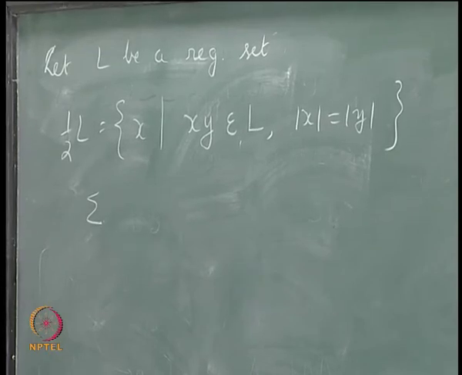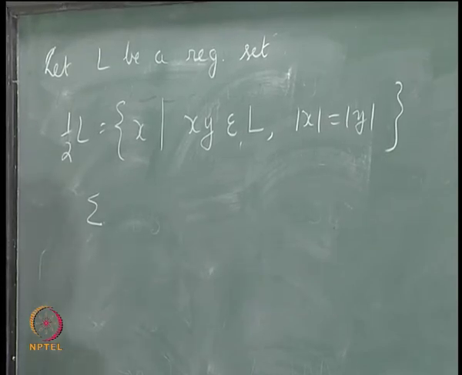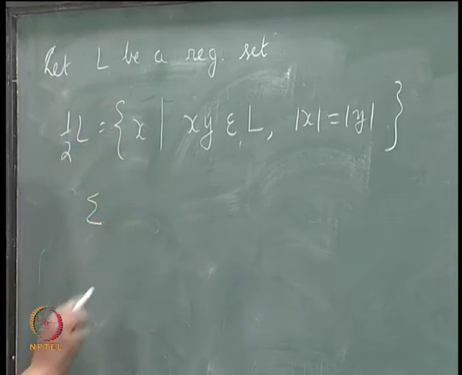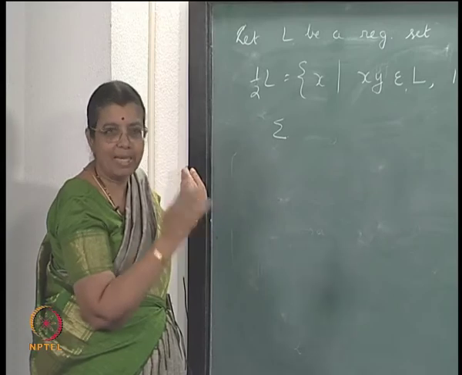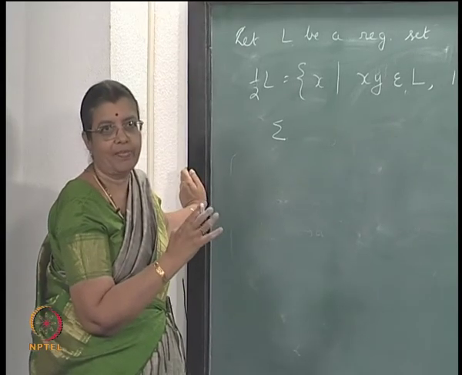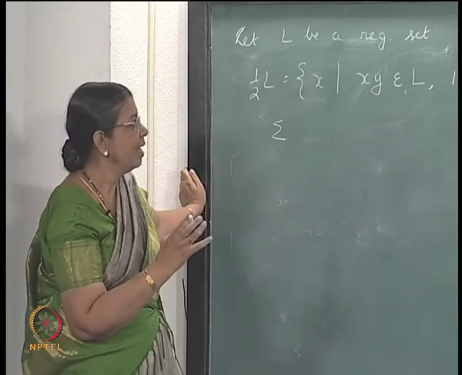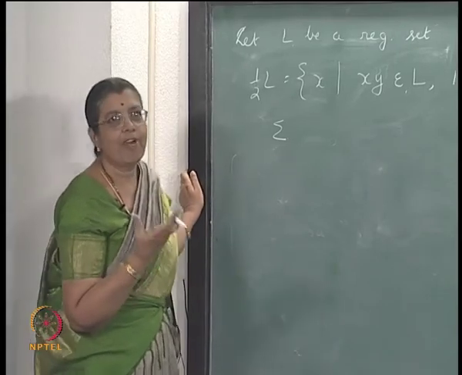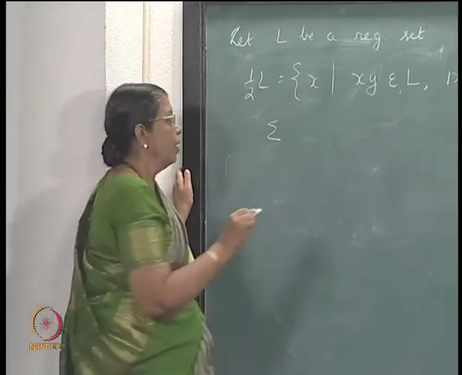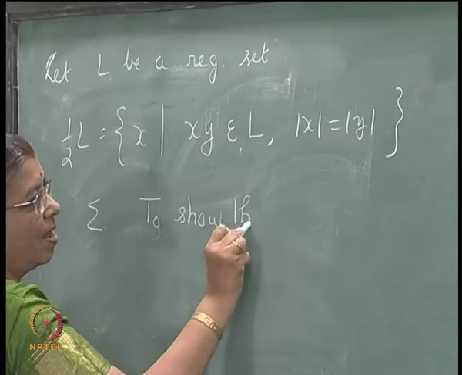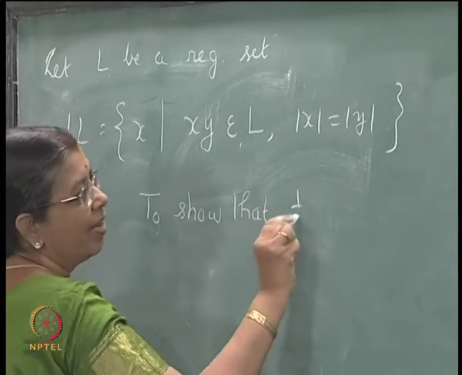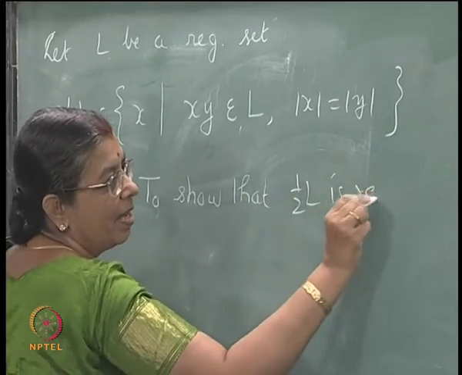What it really means is, from L you take all strings of even length, and in each string you consider only the first half. Then such strings will form a regular set. You have to show that half L is regular.